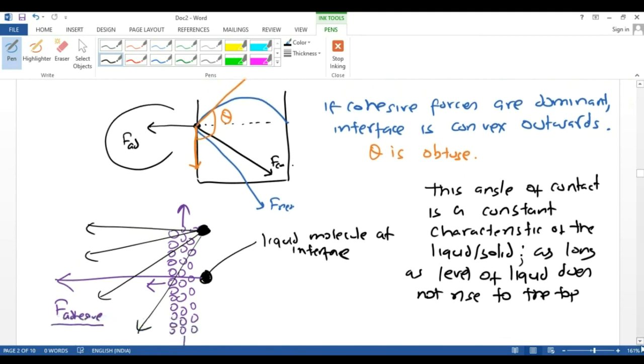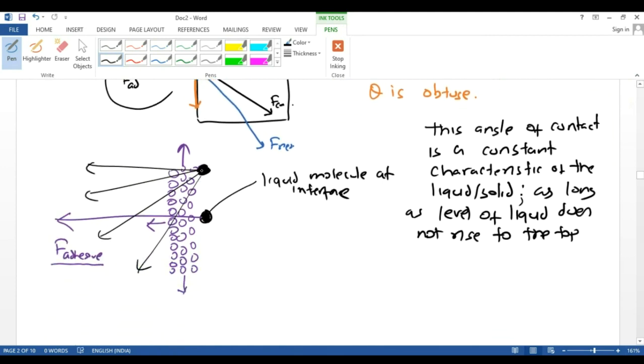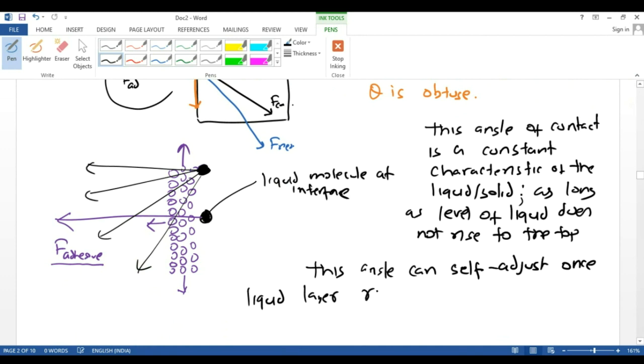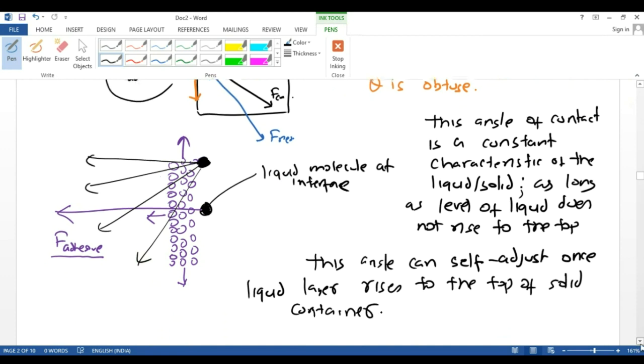Once the liquid rises to the top, then this angle can change. So this angle can self adjust, you can say, or change once the liquid layer rises to the top of the solid container.